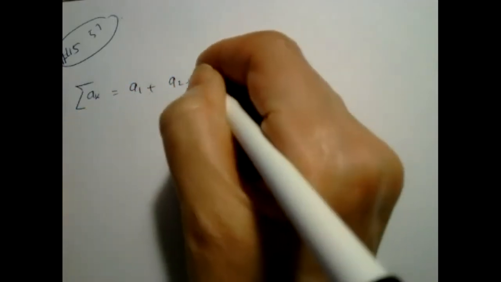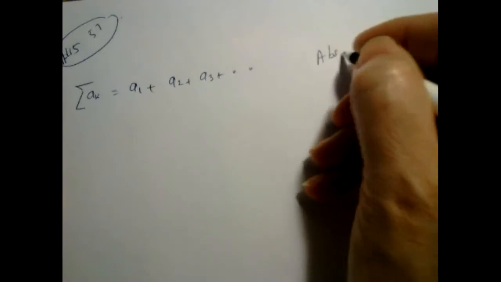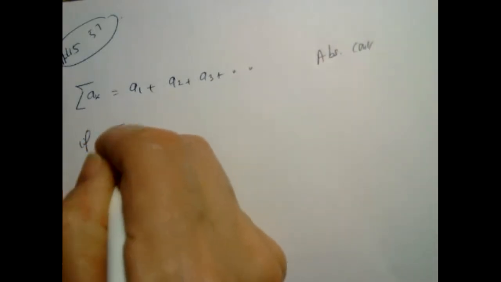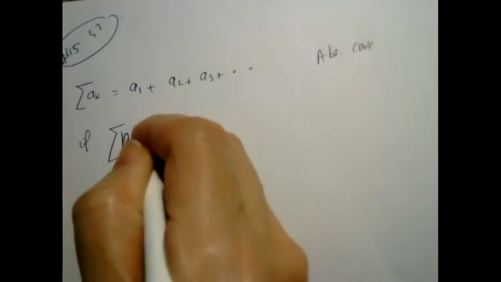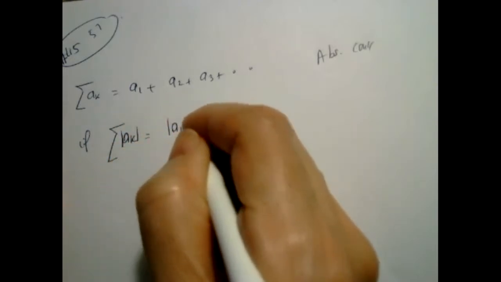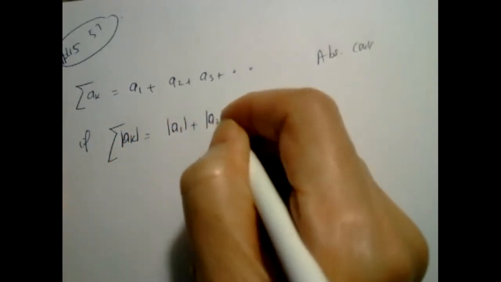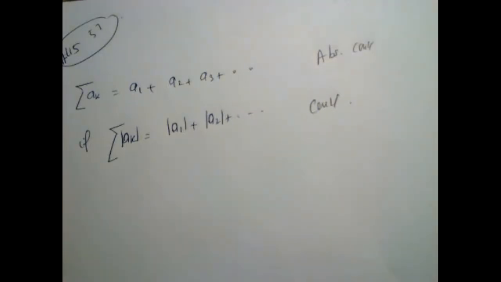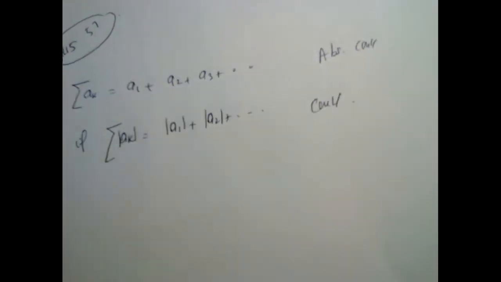If you have a series A1 plus A2 plus etc., it's absolutely convergent if, when we take everything in absolute value, creating a new series of positive terms alone, this one converges.